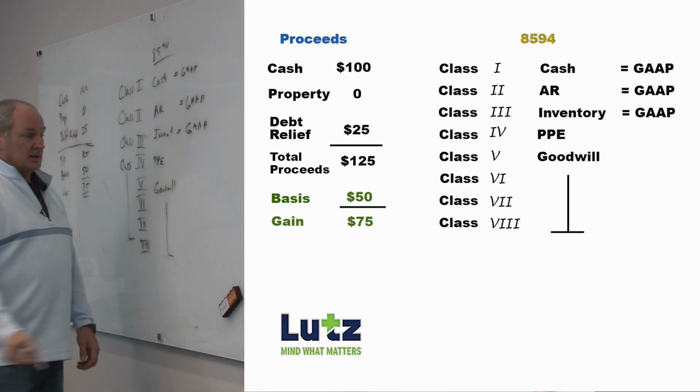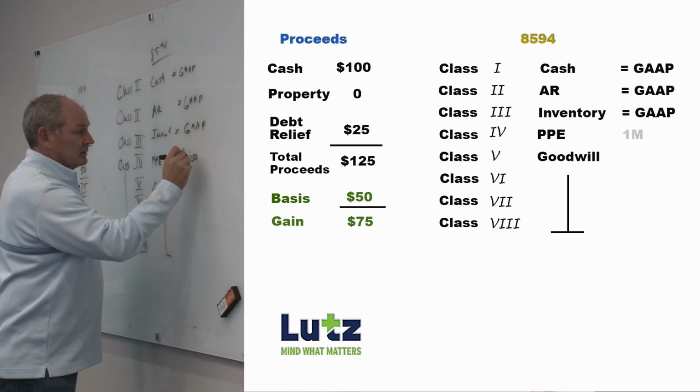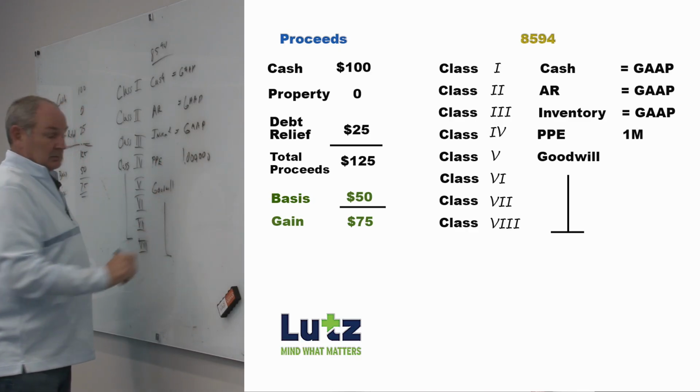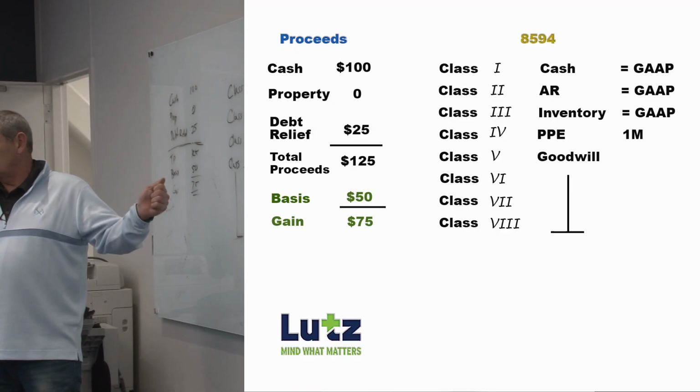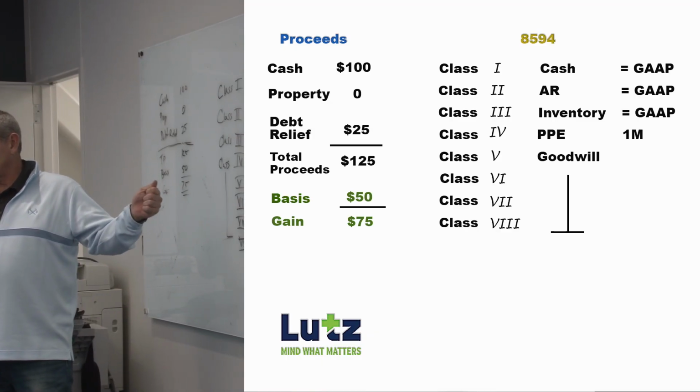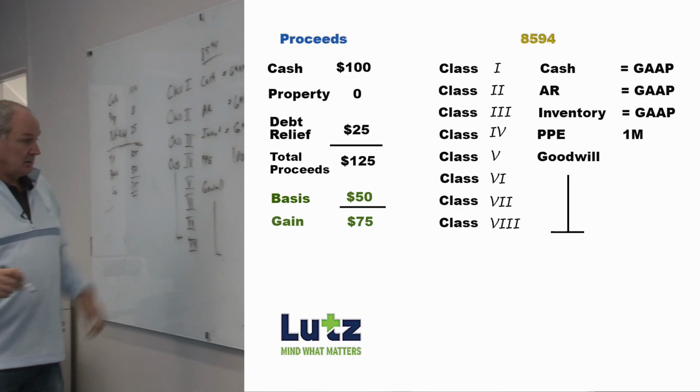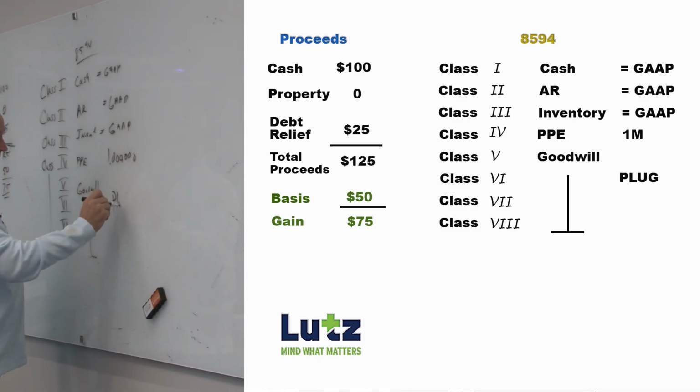Then I put a hard number here. We're going to agree on a hard number with PP&E, because that's the one that can bite me, the one that could cause me a problem. And then I say plug to goodwill.